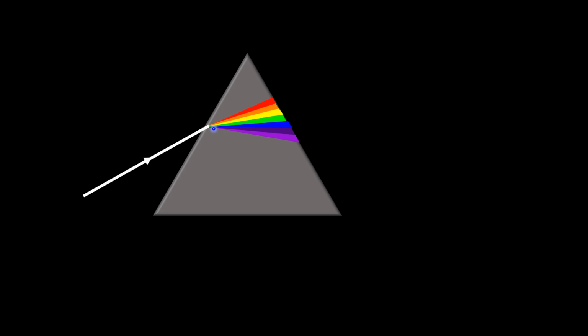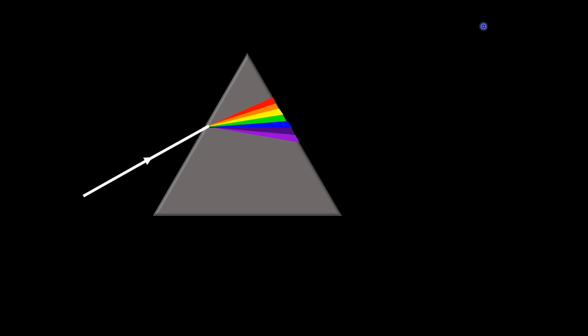So the refractive index of the violet color is more, that's why it has bent more, and the refractive index of the red color is less, that's why it has bent less. Again, upon exiting from the opposite end, the same happens. Still it bends more, it bends less.